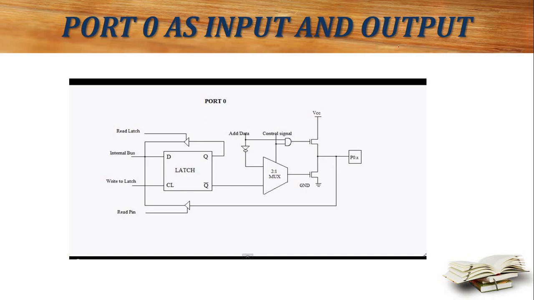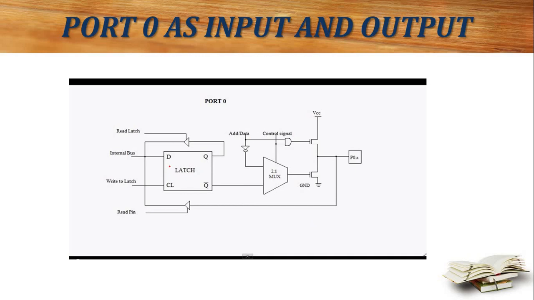Port 0 as input and output. We can use port 0 as an input as well as an output, but while acting as input and output, we need to follow some conditions. Here we don't have any pull-up resistor in port 0.